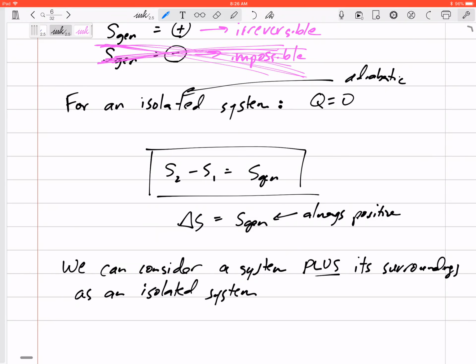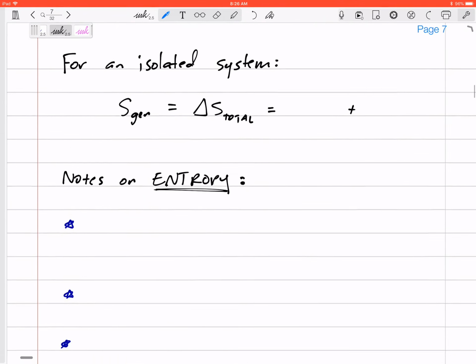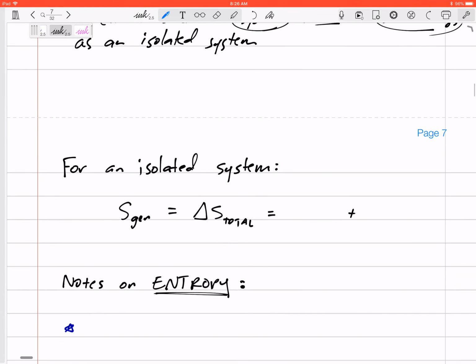All right, if we're just looking at the system, then there might be some heat transfer, work transfer, there might be something crossing the boundaries, but if we consider the system and its surroundings, then we can say, well, that's a completely isolated system. So we can consider a system plus its surroundings as an isolated system.